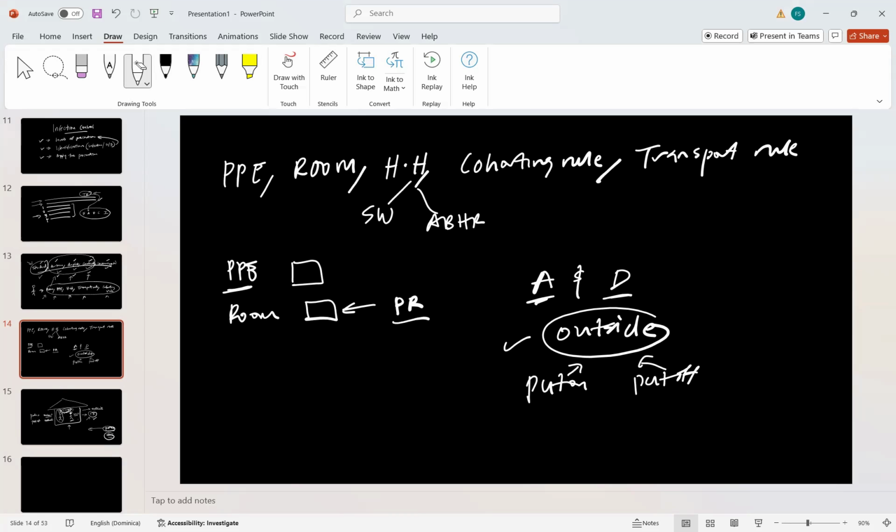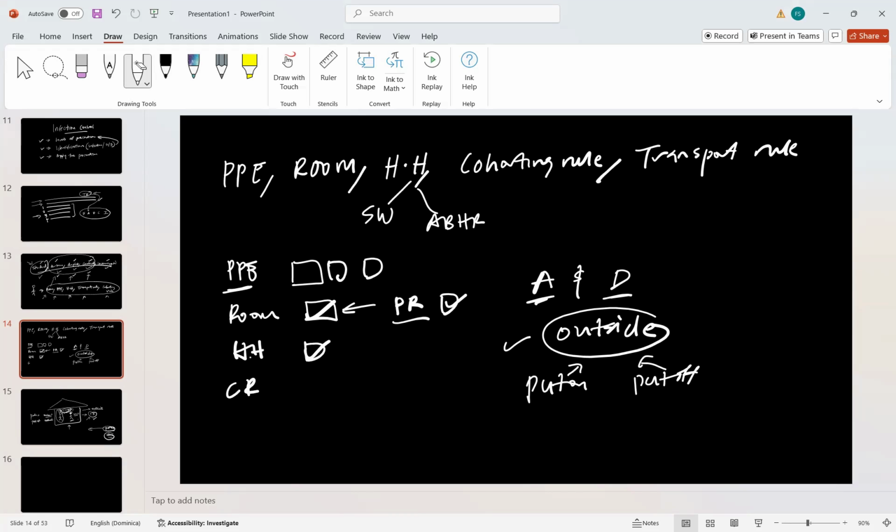Yes, we use the private room. Do we keep the door closed or open? You could keep it open. All right, that is correct. Now, what hand hygiene do we use for droplet? Soap, water, alcohol-based.